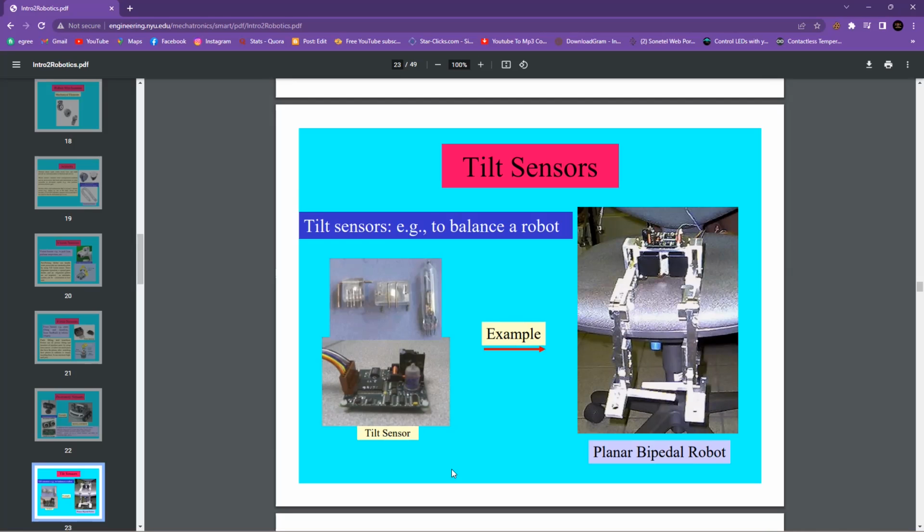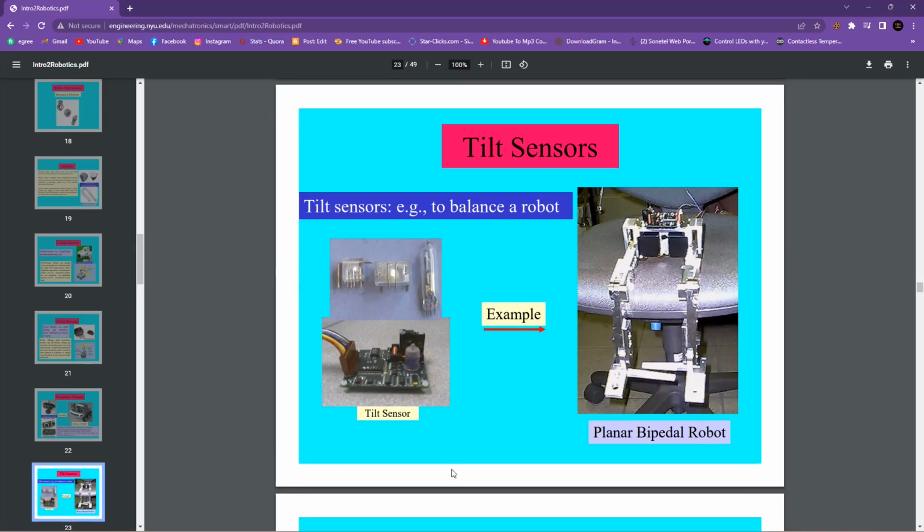When there is any reading, it sends the message to the microcontroller to know how tilted the drone is. If there's any correction to be made, it distributes more power to some of the propellers to help the drone balance itself. This is a simple explanation that will help you understand tilt sensors.